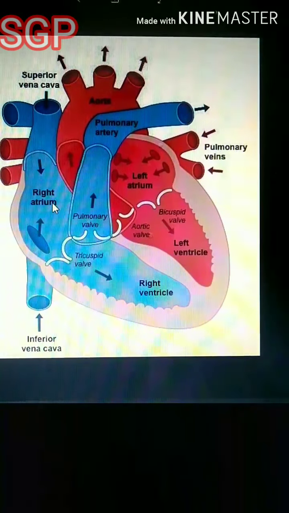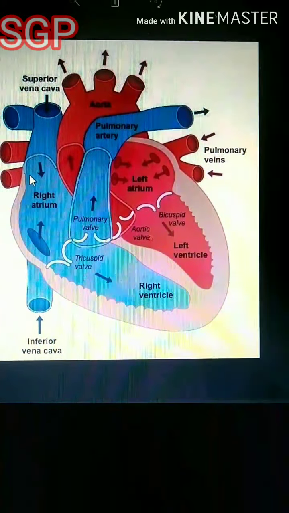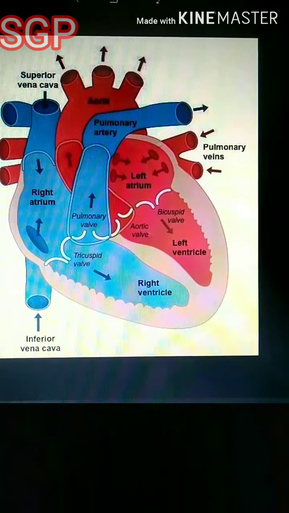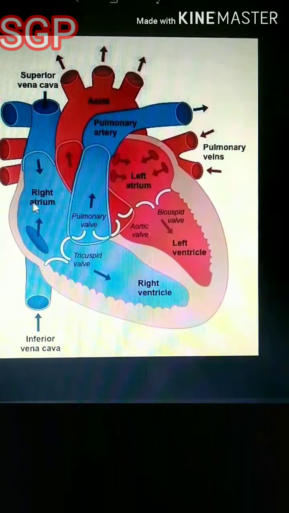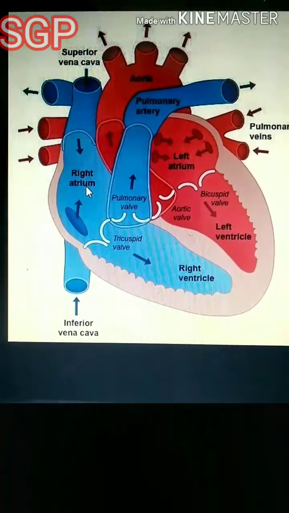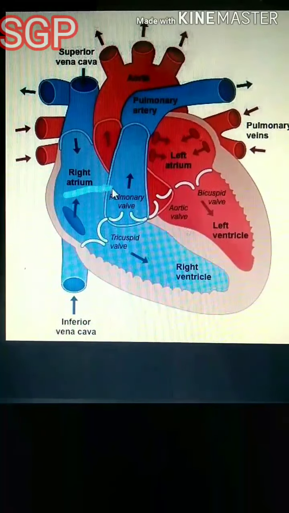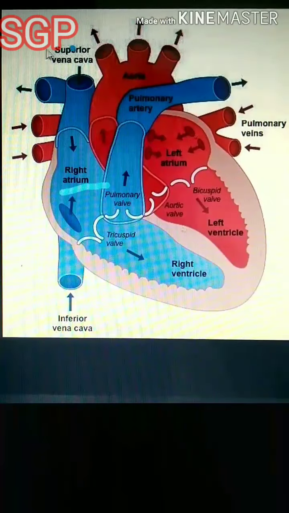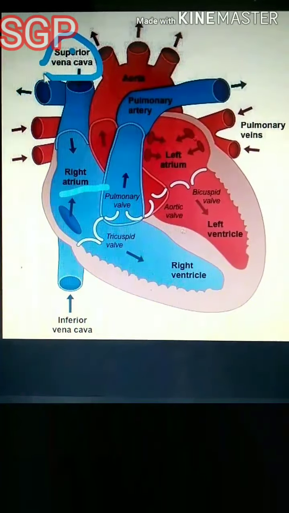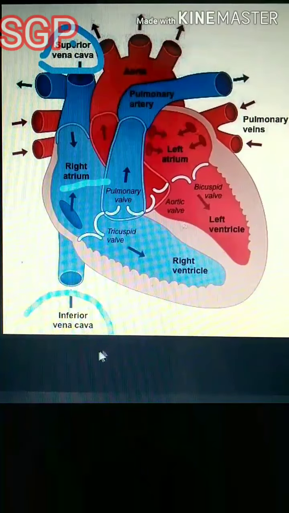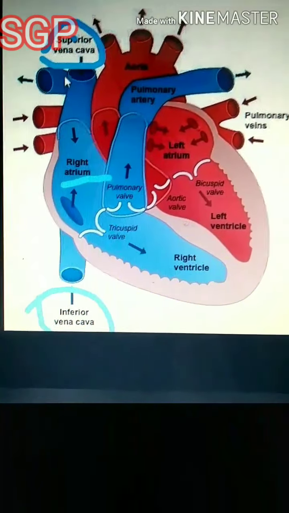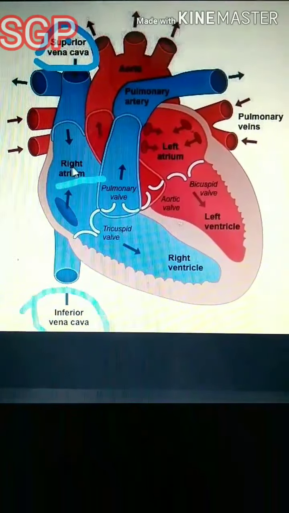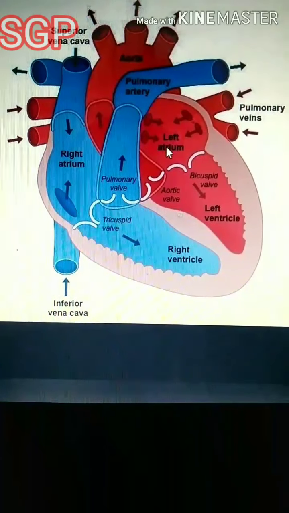The right atrium receives deoxygenated blood from the superior vena cava and also the inferior vena cava, which pour the impure blood into the right atrium.